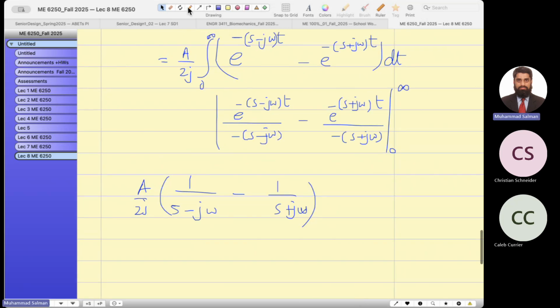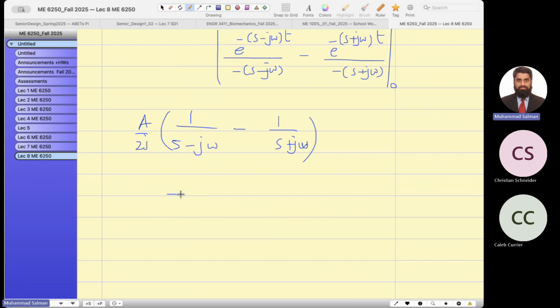Because t at infinity and 0 will cancel out. One becomes 0, the other becomes 1. So don't worry about that much. Like this one, you can simplify this as s minus j omega, s plus j omega, and you are left with s plus j omega minus s plus j omega here. A over 2j is outside.